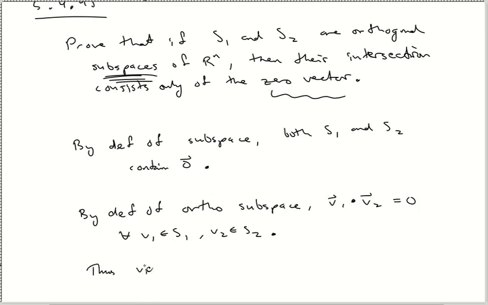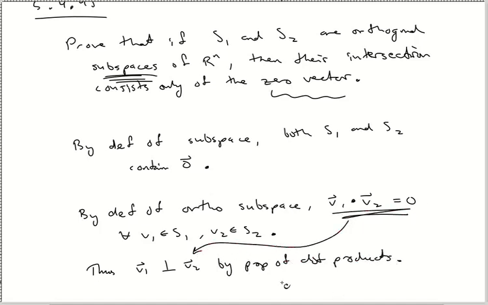Thus, v1 is perpendicular to v2 for all v1, v2, by the properties of dot products. That's going way back to the first section. I've got this dot product equals 0, which means that they're perpendicular.